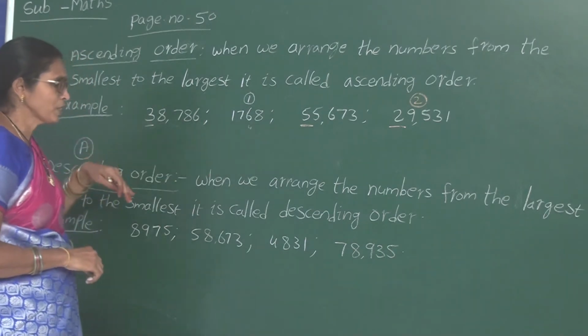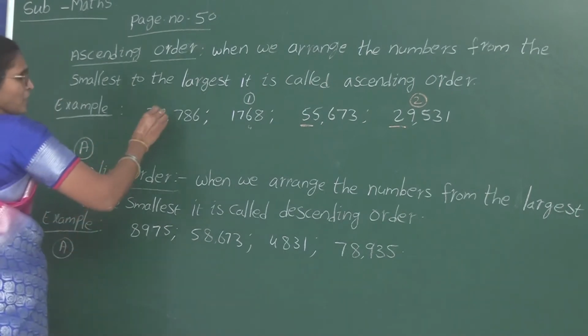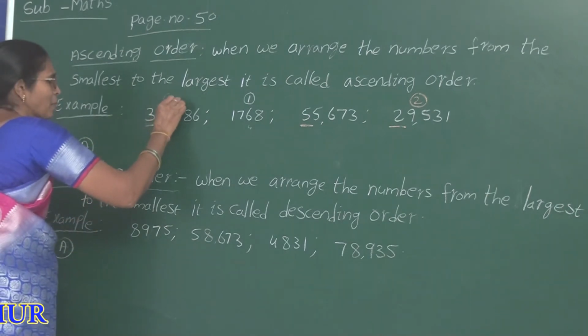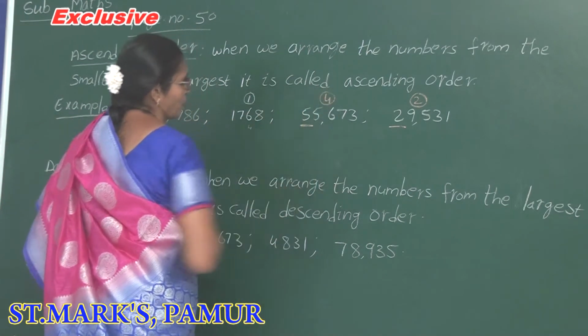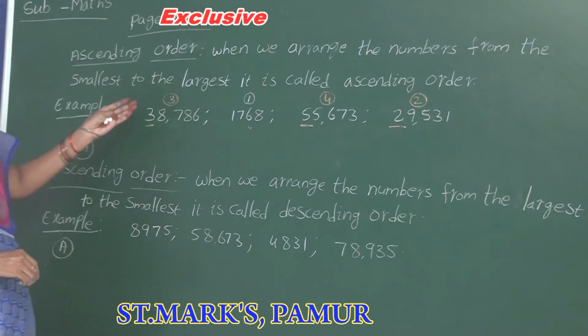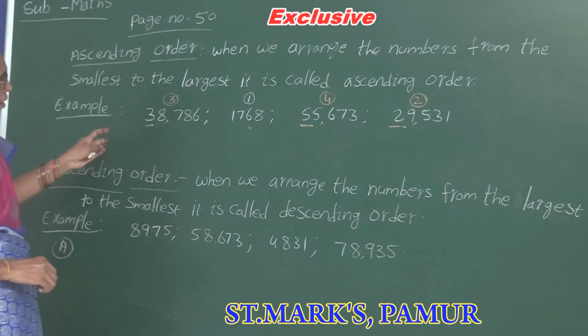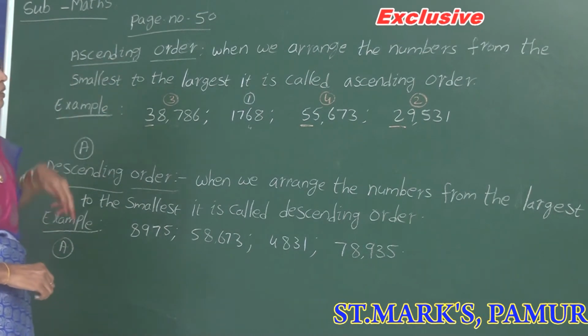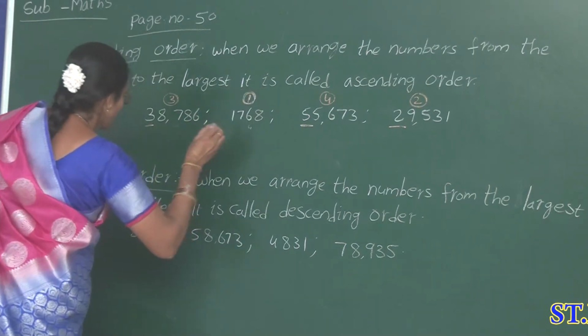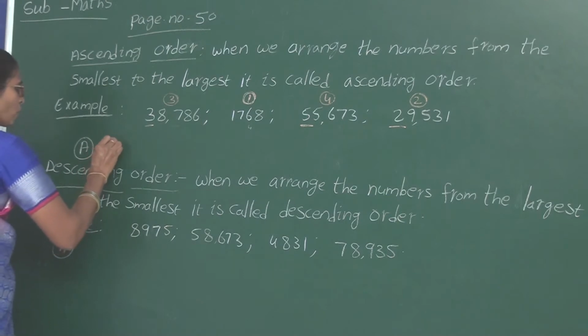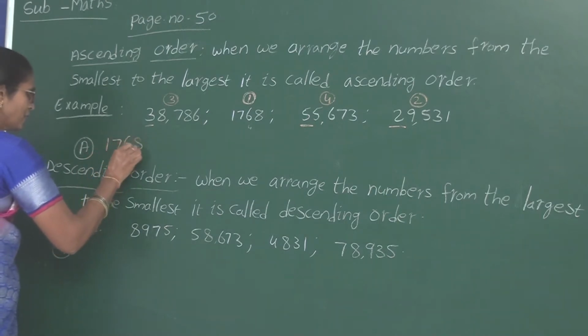In 3 and 5, which is the smallest one? 3 is the smallest one. That's why the place of this number is third place. And this is the last place. Understand? You arrange these numbers in order, and we get the ascending order. So what is in the first place? First place number is 1768.